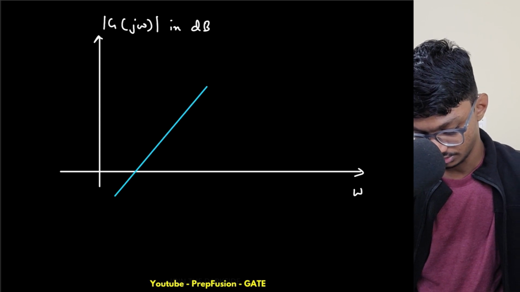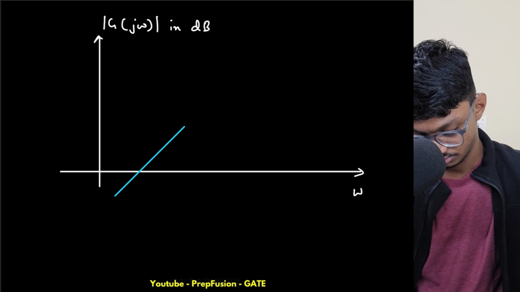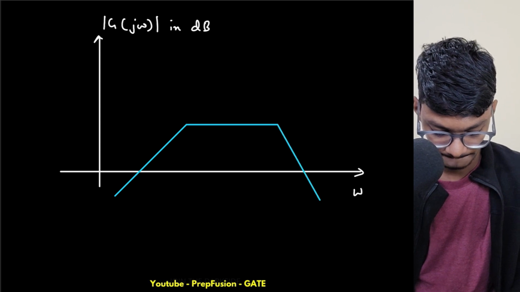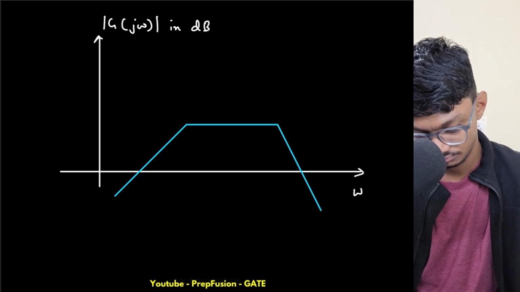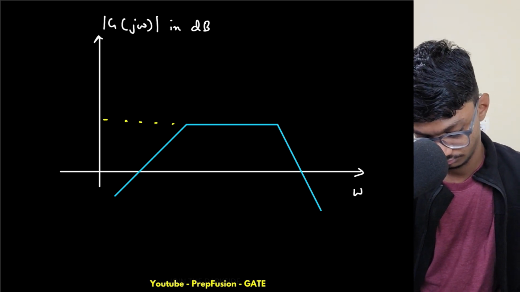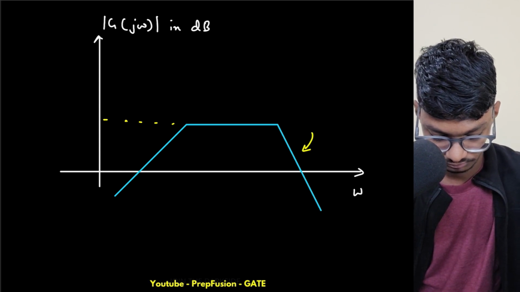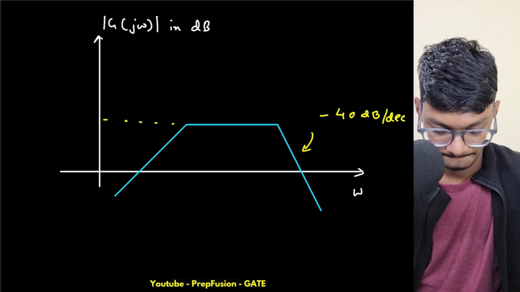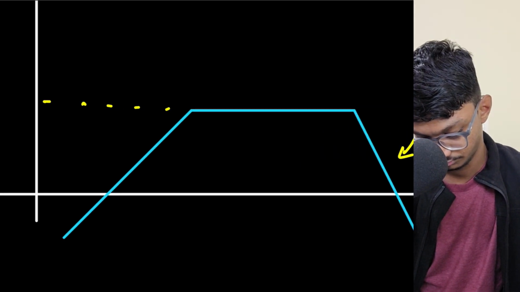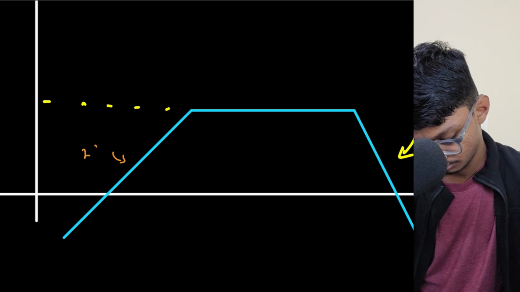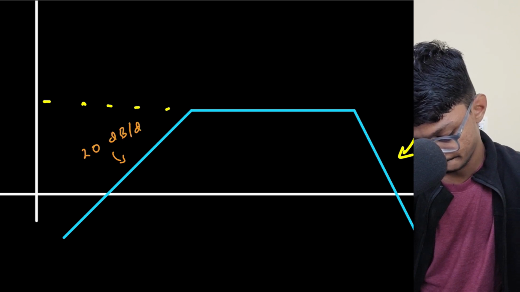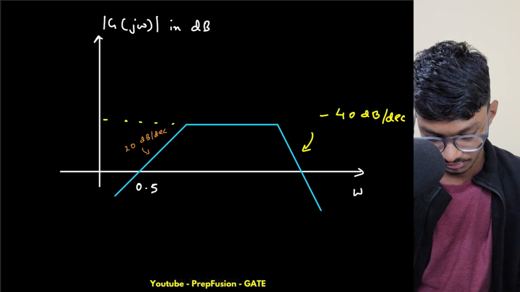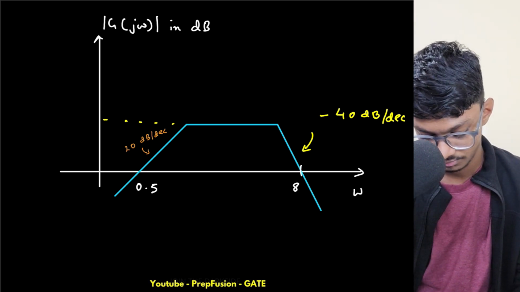So the plot we have been given is something like this. And here we have 0.5 and here we have 8. Okay, and this is 0 dB.